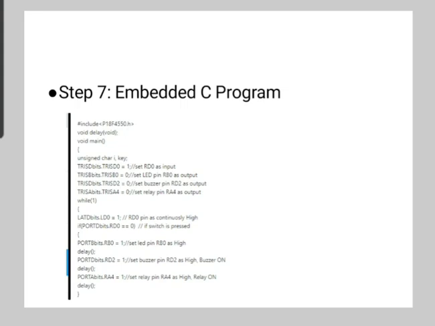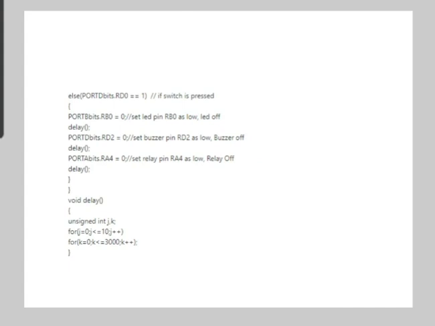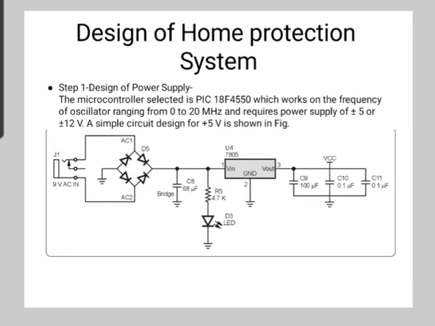From a programming point of view, we can write a simple on-off program using a delay in between them. So for half the period, the buzzer gets on automatically, and for the next half, the buzzer gets off automatically. One can also use the switch concept to control the on and off operation. Then the next is the home protection system.